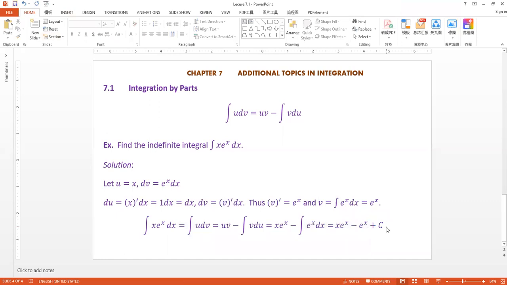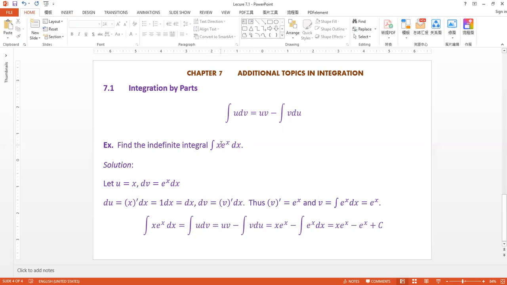So this is a simple example using integration by parts. One thing I didn't say to start is that the choice is not unique. We have chosen u to be x and dv to be e to the x dx in this example, but you can also choose u to be e to the x. So you have two functions to choose for u, right?